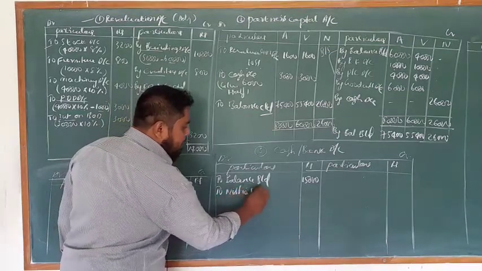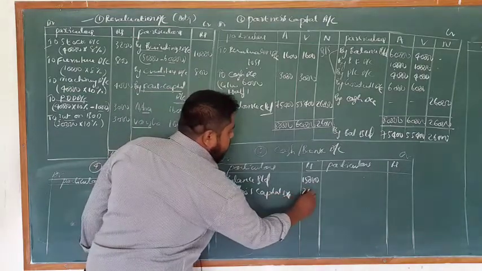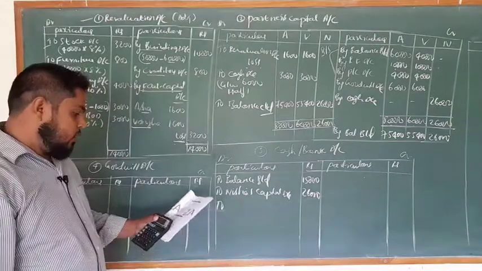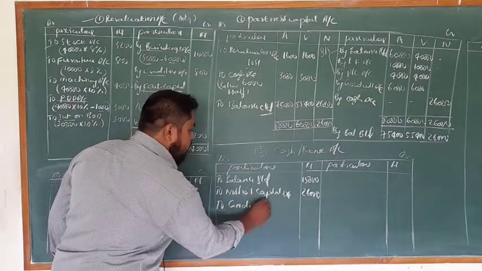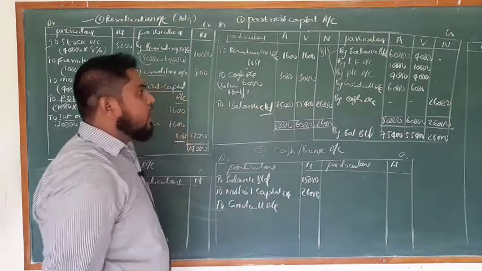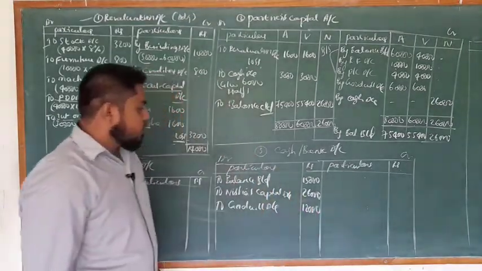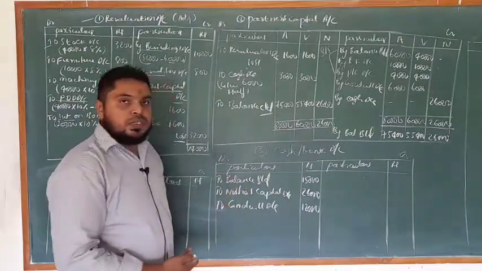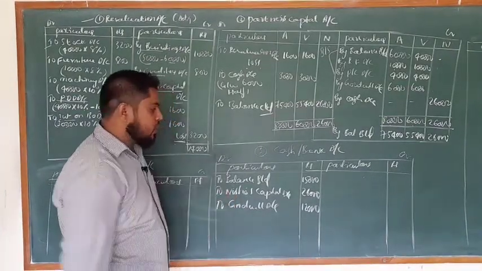So Nisha's capital account, she has brought 26,000. And next, goodwill she has brought in the form of cash. So total goodwill she has brought 12,000. So cash is coming to the business in the form of capital and in the form of goodwill.